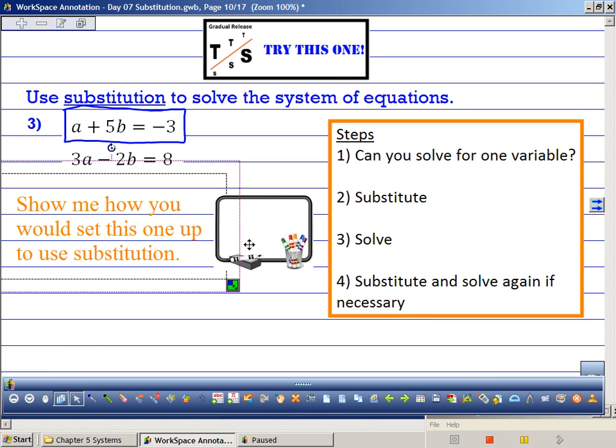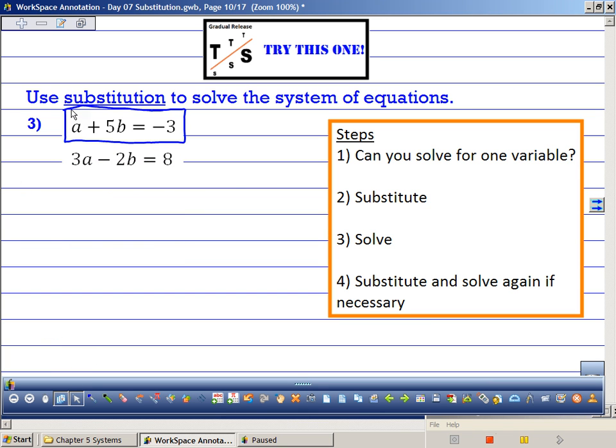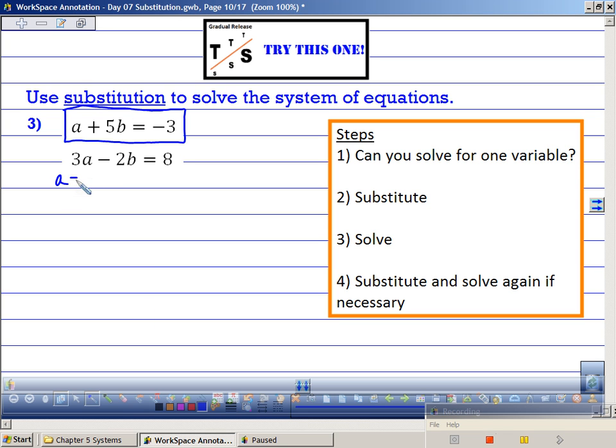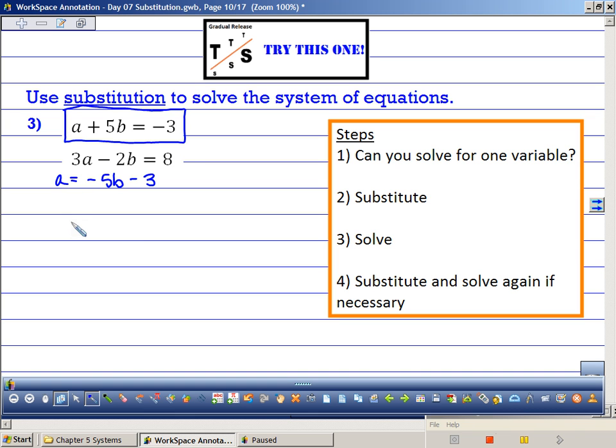Okay, in order to get this started, I would have to solve for a. So a equals what? -5b minus 3, right? Now let's use that to solve our system. So I have 3a minus 2b equals 8.